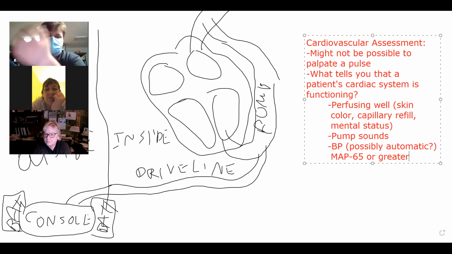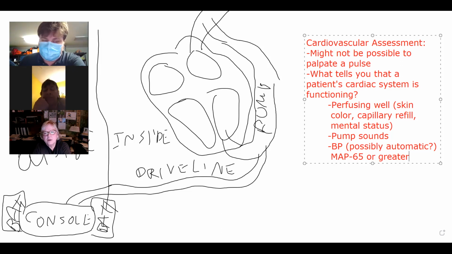Because most of them are distally set up, a lot of the ones that I see are meant to be a wrist one. I think it's a little bit of a stretch to trust it. I would say that the best tool that you have in your toolkit is your own ears. In most cases, this is a very rare exception, your manual blood pressure is going to be so much more reliable.